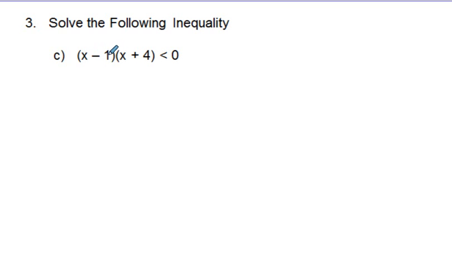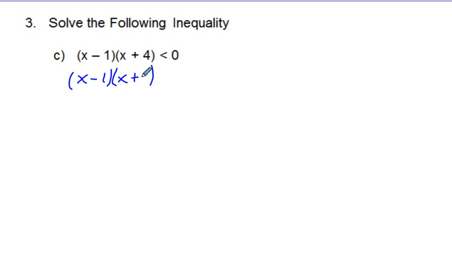Okay, we have now C. We have quantity x minus 1 and quantity x plus 4 is less than 0. So what I want to do here is find the zeros. So we have x minus 1. We're going to find out where this value on the left is equal to 0.